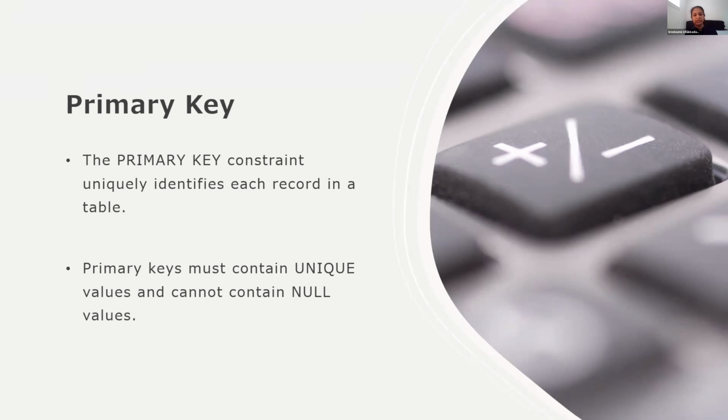No other employee in the organization would share that ID. That ID can be used as a primary key, and it can never be null. You cannot ever not have an employee ID if you're working in an organization. So a primary key is used to uniquely identify a record. It can never be null and it is always unique.